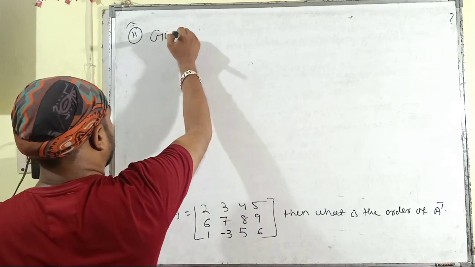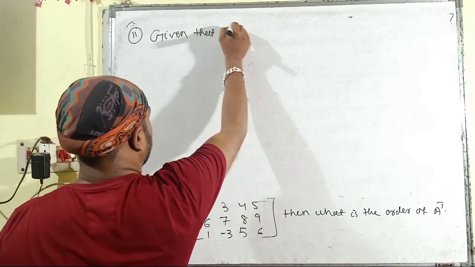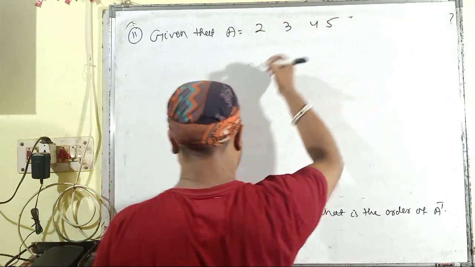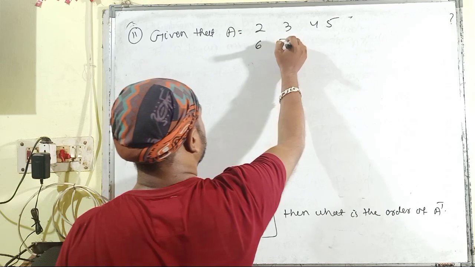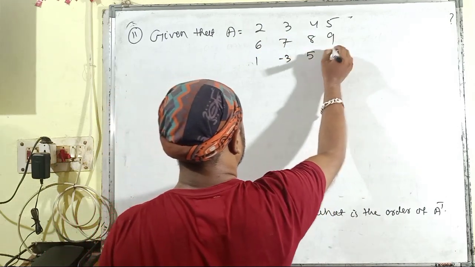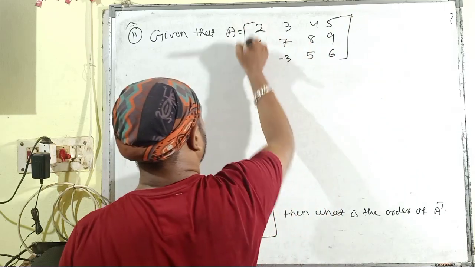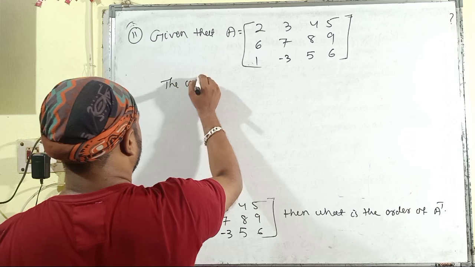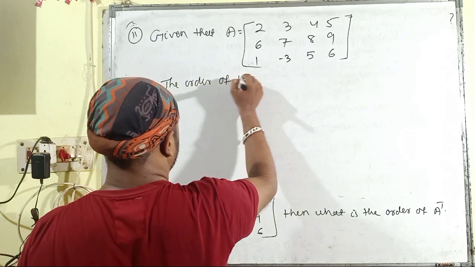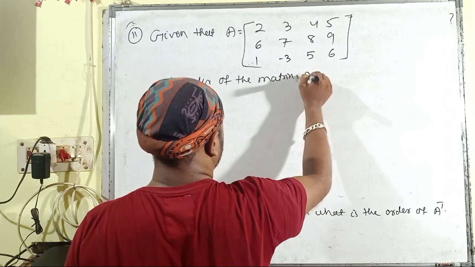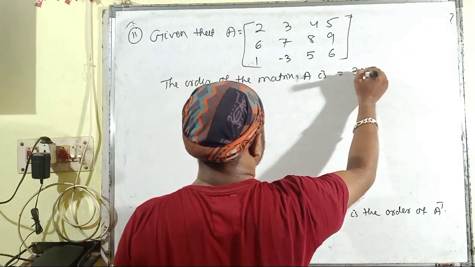Given that A is equal to 2 3 4 5, then 6 7 8 9, and then 1 minus 3 5 6. The order of the matrix A is 3 cross 4.